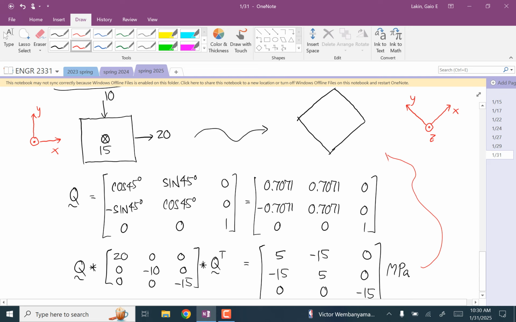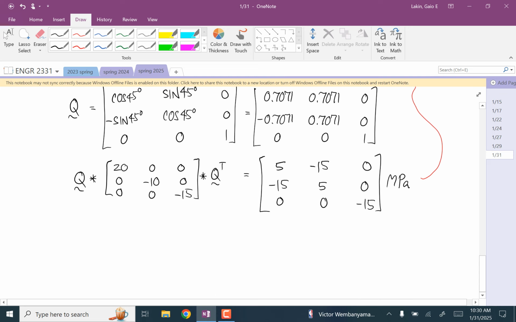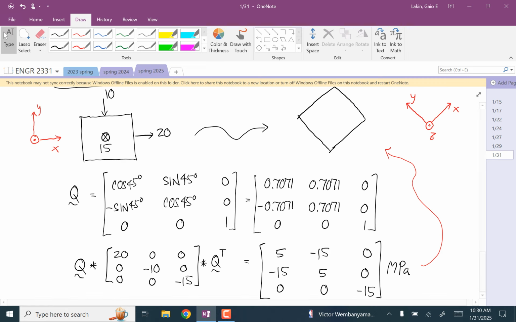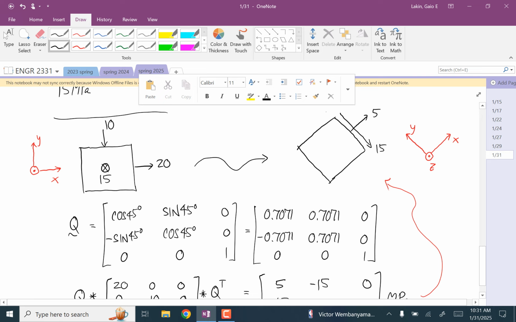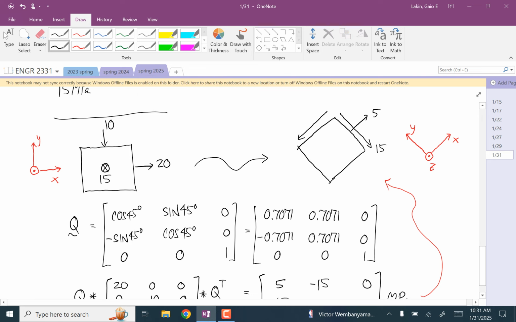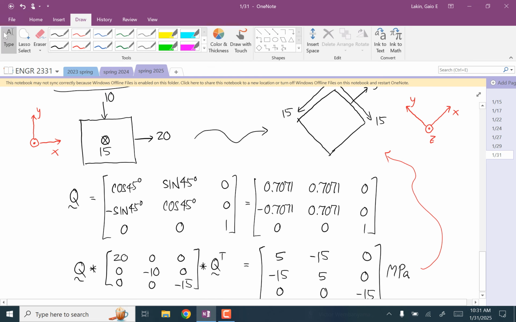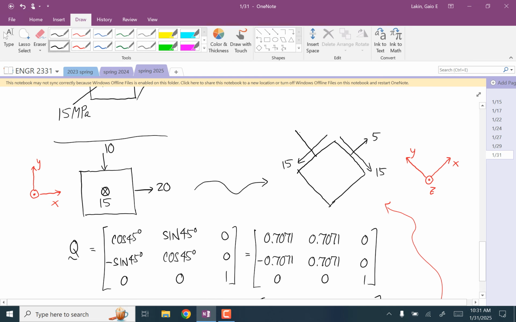And so up here on our X face, we have 5 in the positive X direction, 15 in the negative Y direction. That means on the y face, we have 15 this way and another 5 this way.